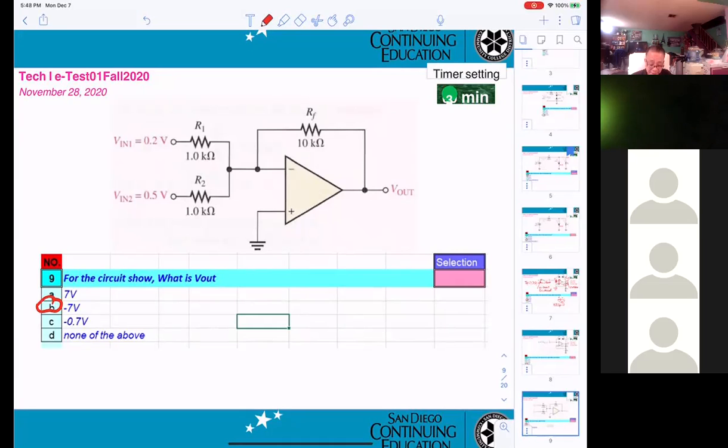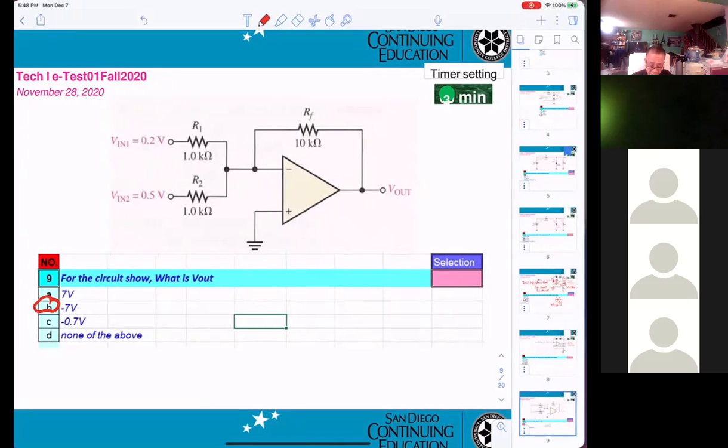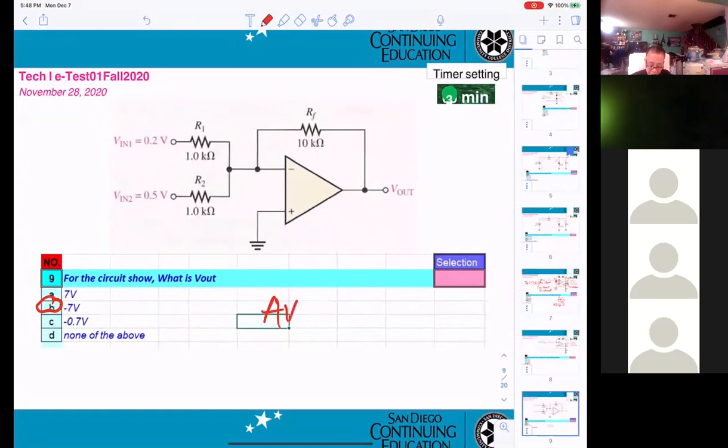For R1, RF, what is the gain? AV equals minus RF over R1, minus 10 over 1, minus 10.